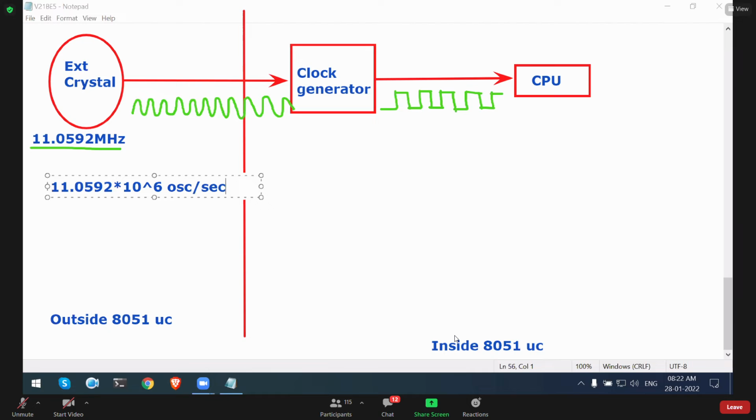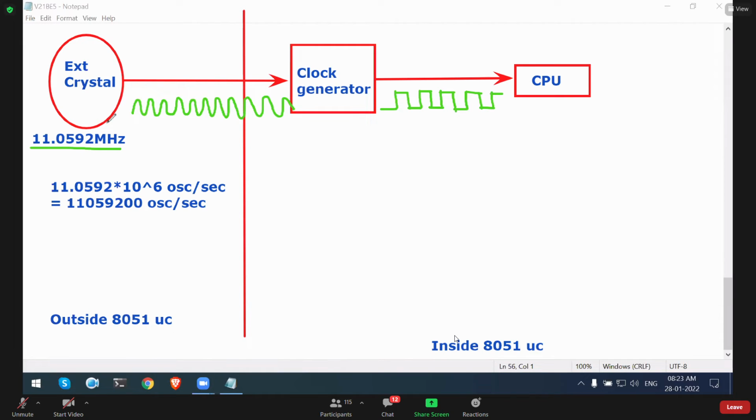That means 11.0592 megahertz, and megahertz is nothing but 10 raised to 6. So these many oscillations, 11.059200, are generated by this crystal oscillator in 1 second.